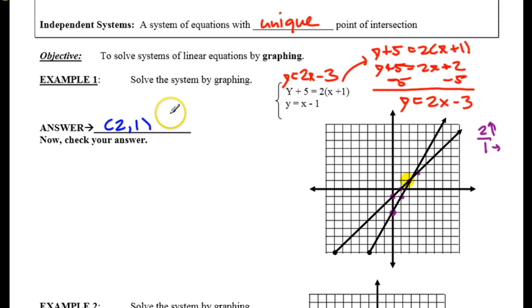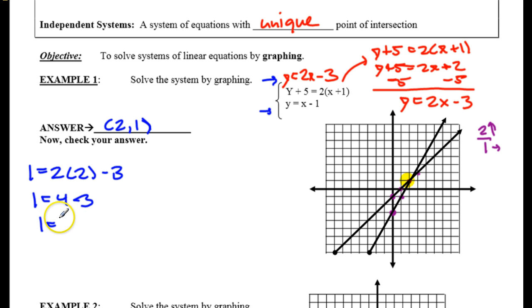Alright, now to check it. So once again, as always, to check it, we plug it in. Okay? So I'm going to plug in 2, 1 into both of these equations. Alright, the y is 1 equals 2x minus 3, where x is 2. So now it's going to say 1 equals 4 minus 3, and lastly 1 equals 1.